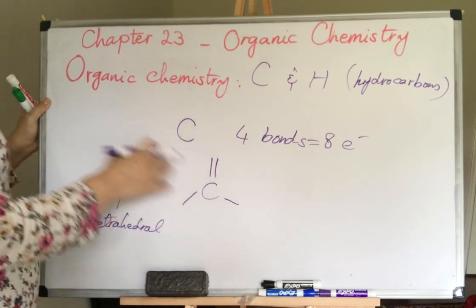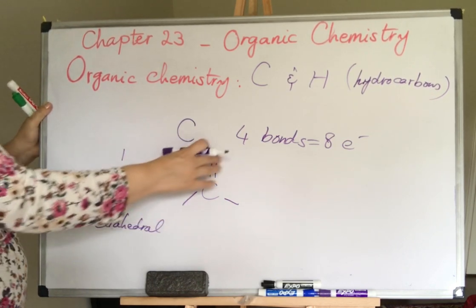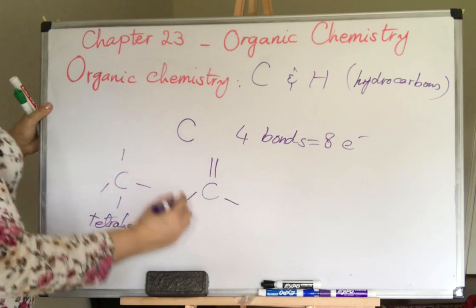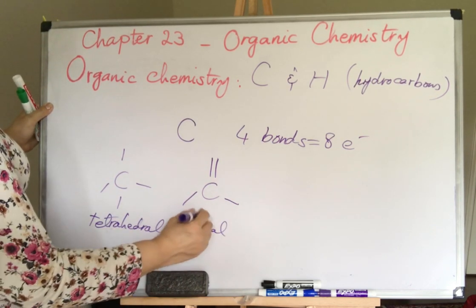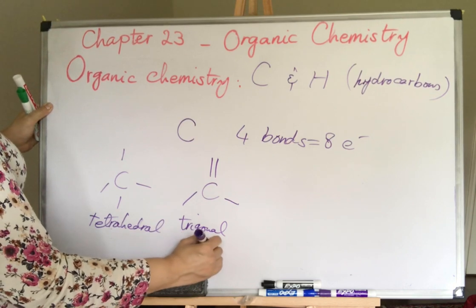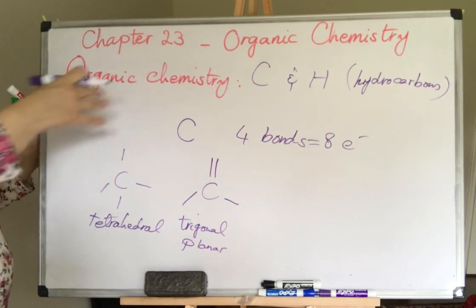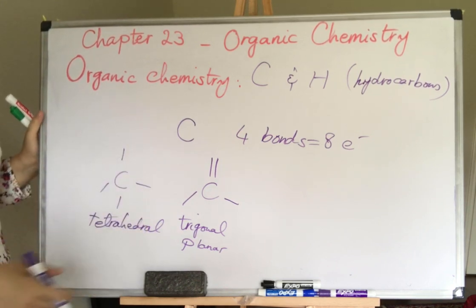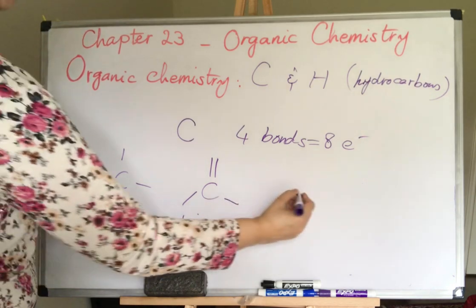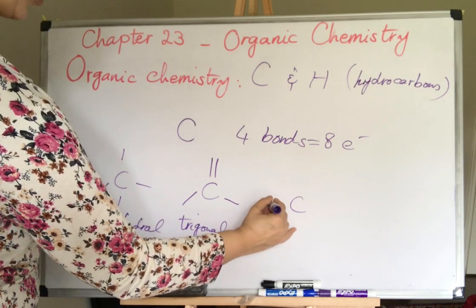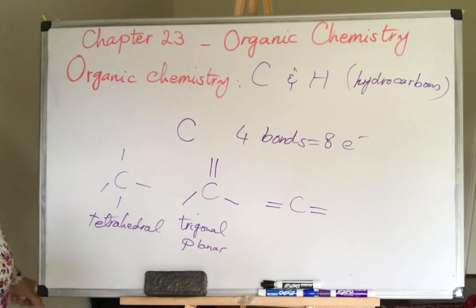We're not showing any other atoms around carbon because our focus is on carbon. If you have a double bond and 2 single bonds, then you have trigonal planar. You remember, you had all of them in Chem 1, just in case you forgot. You have them here. And luckily, in organic compounds, you don't have a big variety. So just go with what I am talking about in this video.